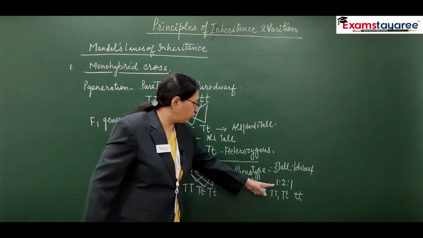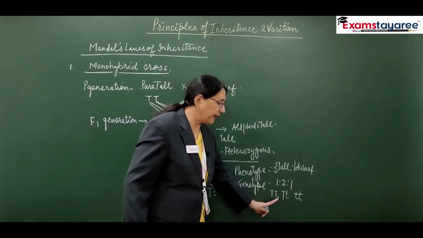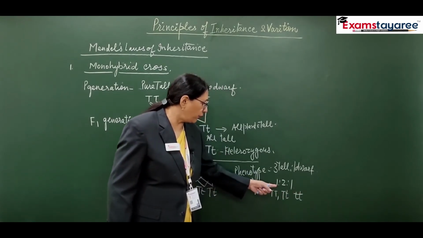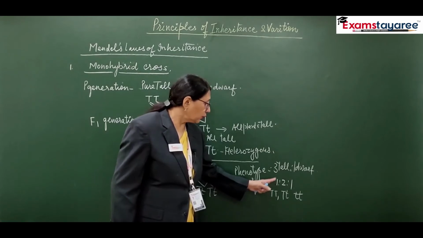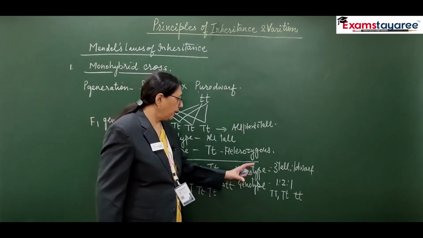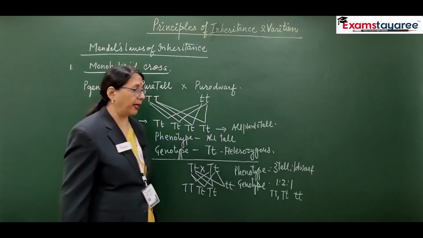So, the ratio of genotype will be 1 is to 2 is to 1. So, 1 pure dwarf and 1 pure tall and 2 hybrid. But there will be phenotypically 3 tall and 1 dwarf plant.